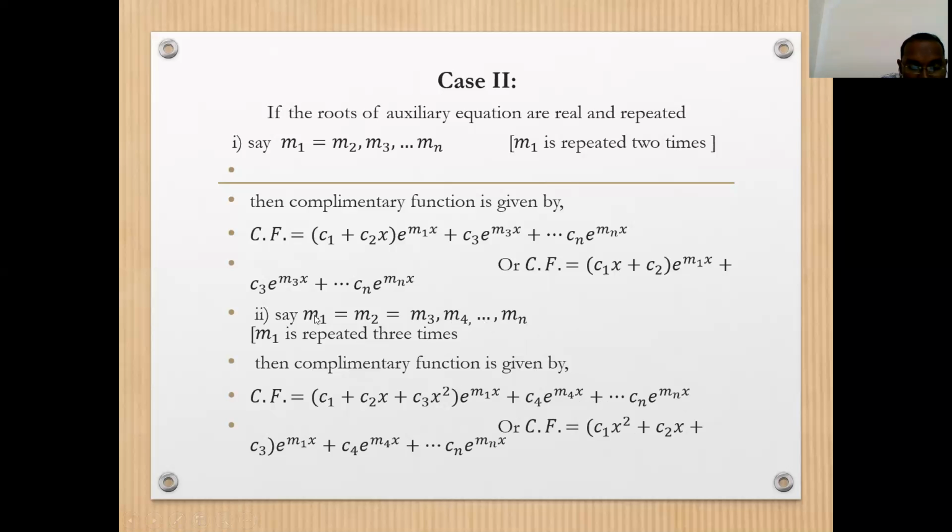But the root m1 is repeated 3 times, so corresponding to it we write c1 plus c2x plus c3x square into e raised to m1x. You may also write it like this: CF is equal to c1x square plus c2x plus c3, in brackets, e raised to m1x plus c4 e raised to m4x plus and so on cn e raised to mnx. Okay, this is case number 2.